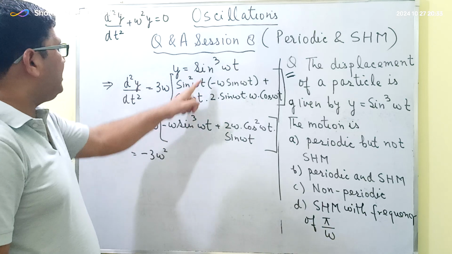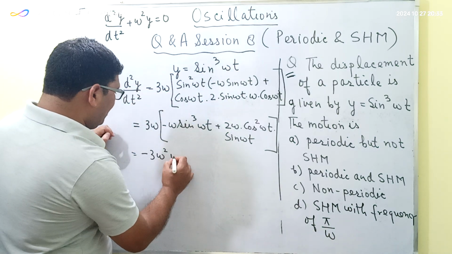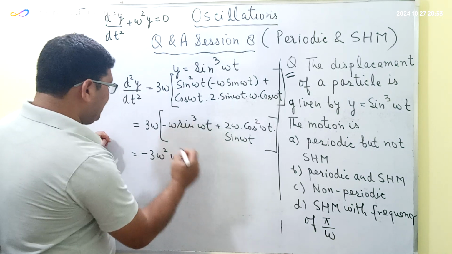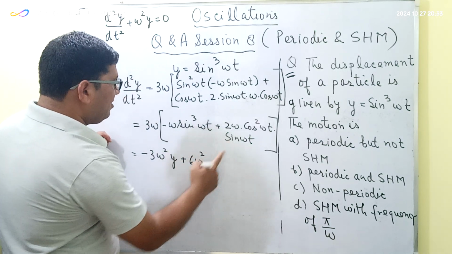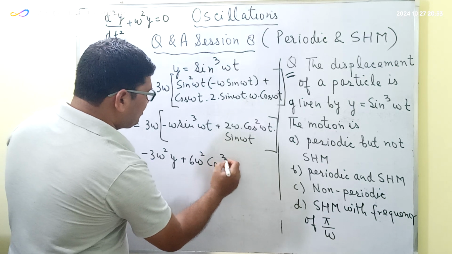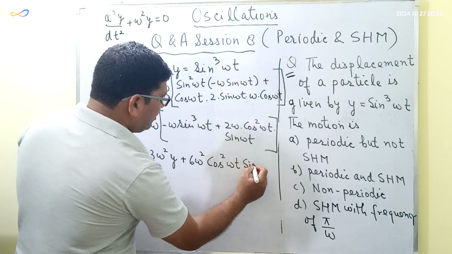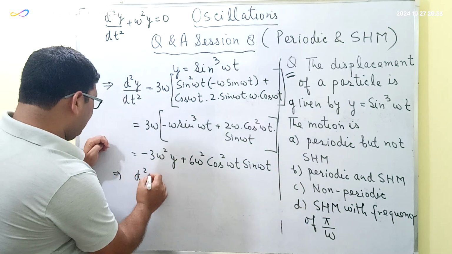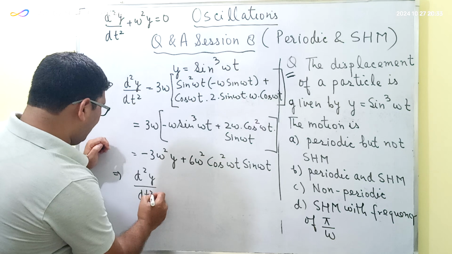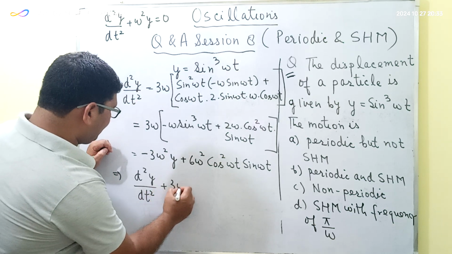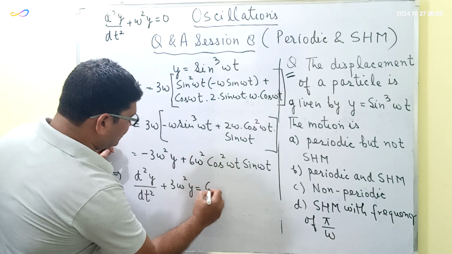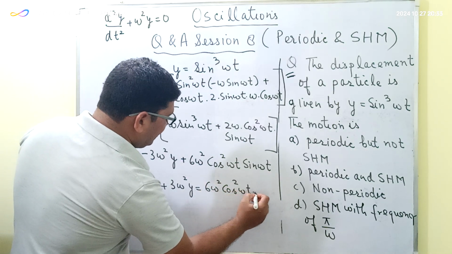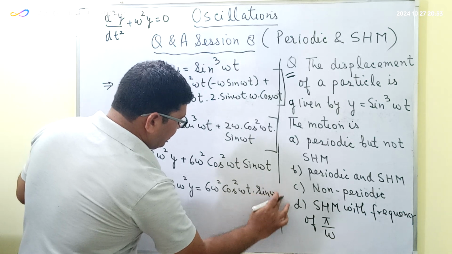Now sine cube omega t is equal to y, so I will put the value of sine cube omega t as y, and plus 6 omega square cos square omega t sine omega t. Or simply we can say that d square y upon dt square plus 3 omega square y is equal to 6 omega square cos square omega t into sine omega t.